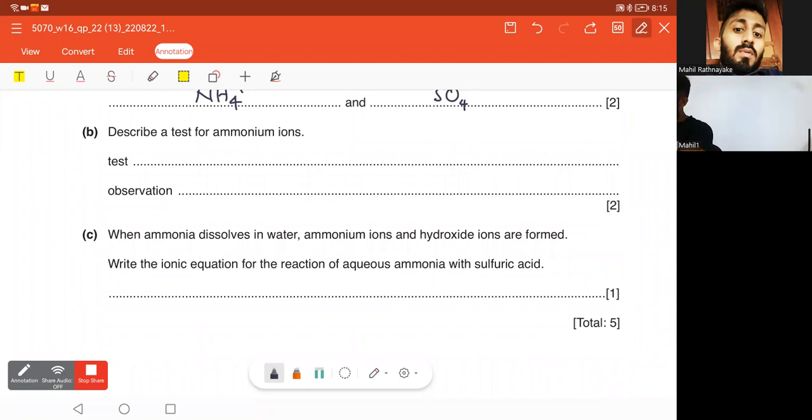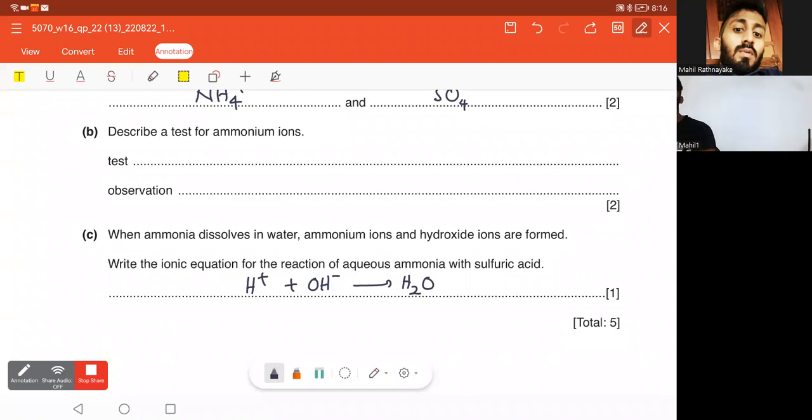Write an ionic equation for aqueous ammonia with sulfuric acid. Ammonia is acid or alkaline? Alkaline. Sulfuric is an acid. I told you, for any acid and base, the ionic equation is always H plus plus OH minus gives water.